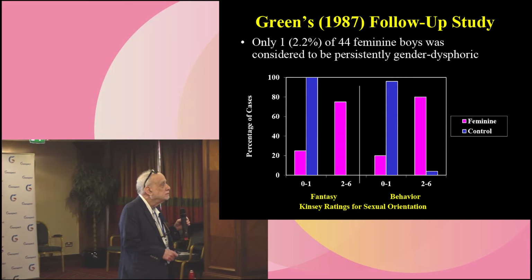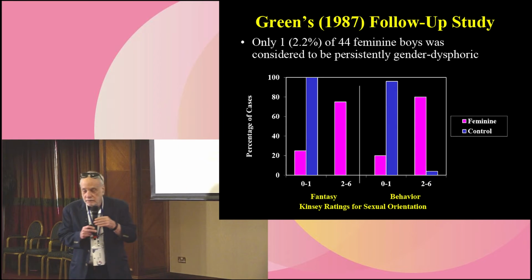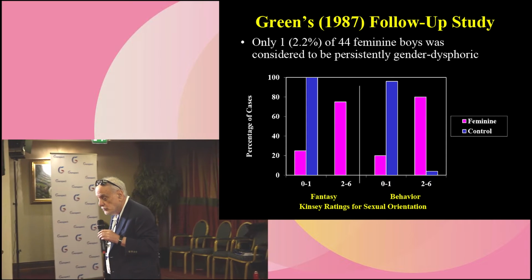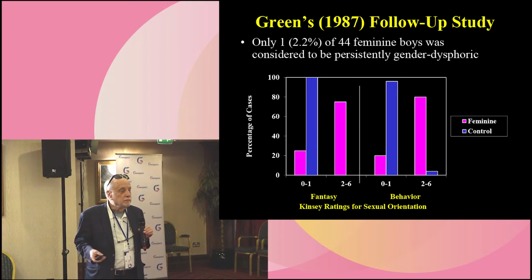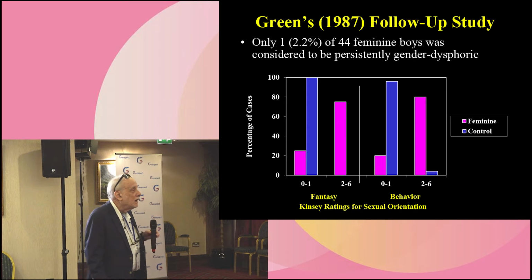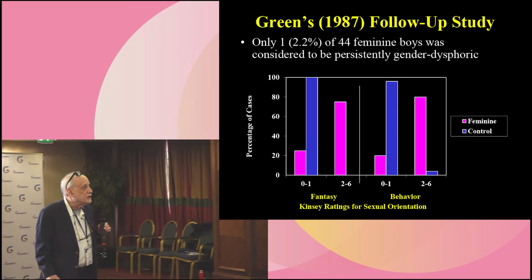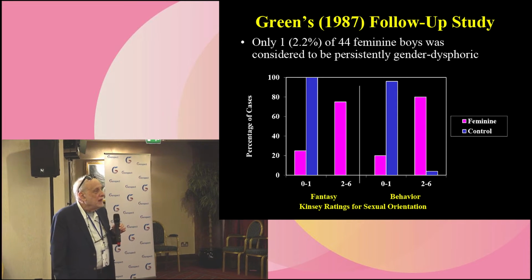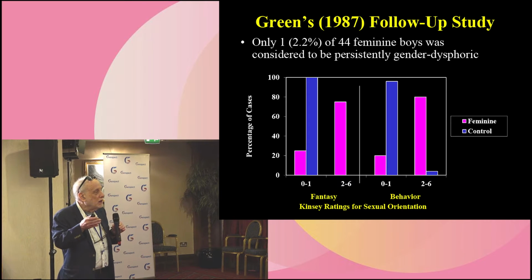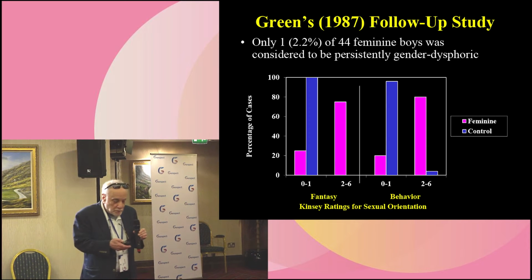For those of you not familiar with it, you dummy code from 0 to 6. 0 to 1 means you're exclusively heterosexual, if you're born male, meaning you're gynophilic. 2 to 6, bisexual to completely same-sex attracted, so exclusively androphilic. And he measured this both in fantasy and in behavior. He also had a control group of typically developing masculine boys.